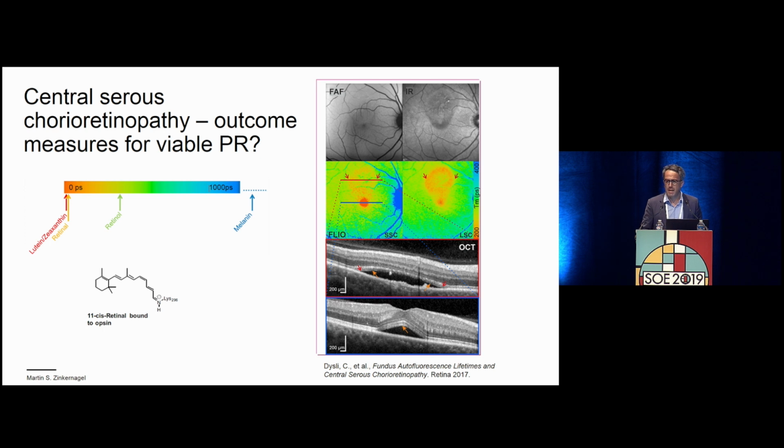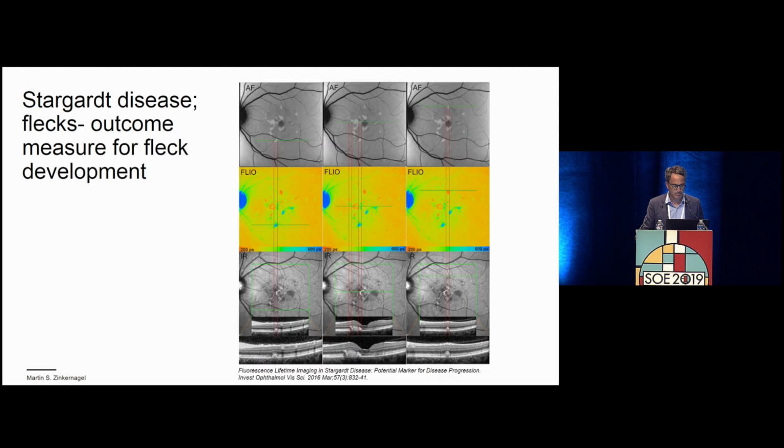And it ultimately may give an indication whether these photoreceptors are still viable, although we don't have microperimetry yet to verify these hypotheses.